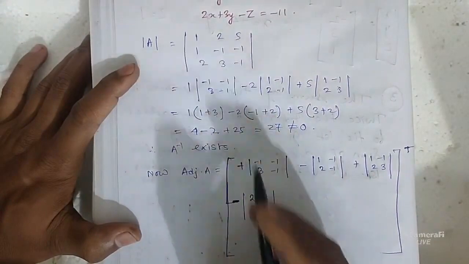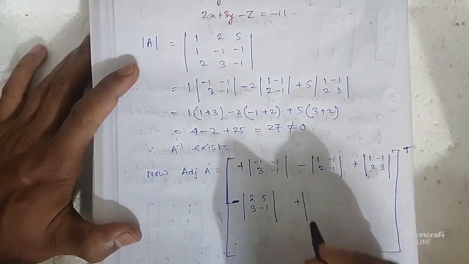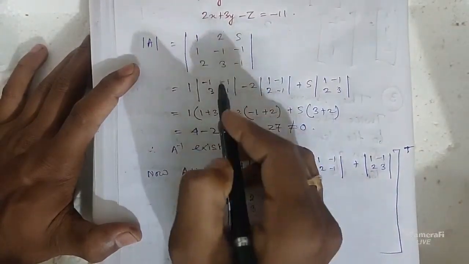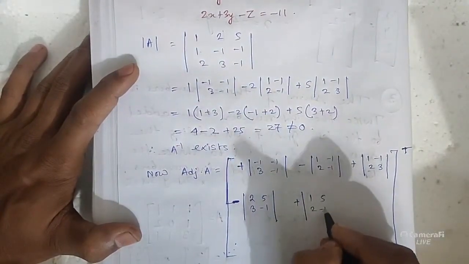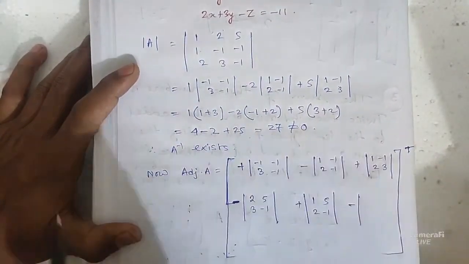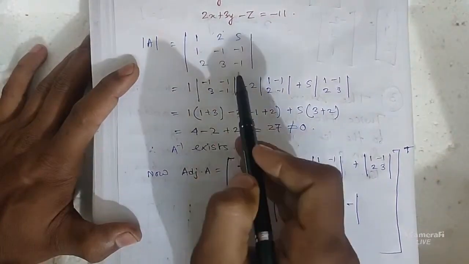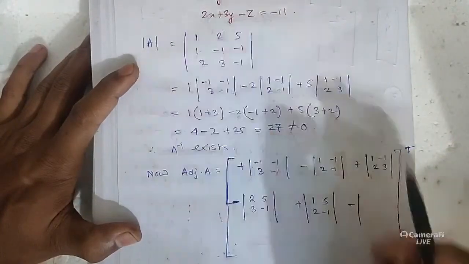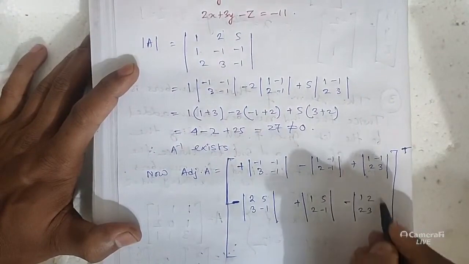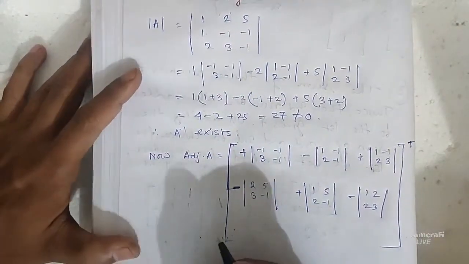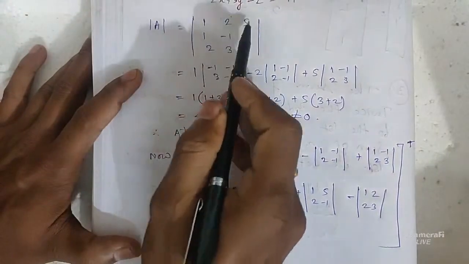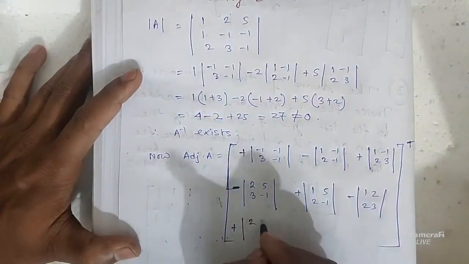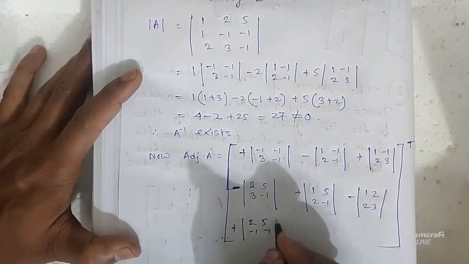For this element, the sign is positive, so the determinant of [1 5; 2 -1]. Then negative, for this element the determinant of [1 2; 2 3]. Next sign is positive, the determinant of [2 5; -1 -1].